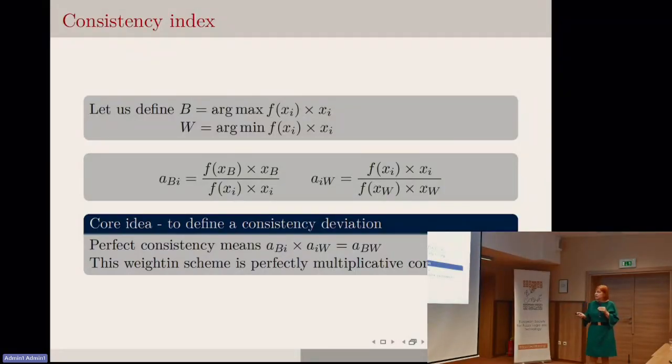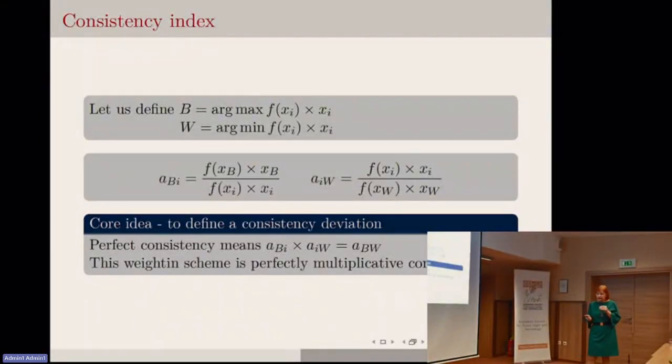Let's define capital B as the argument maximum of this expression, and W as the argument minimum from this one. And then this expression represents the best to others and others to the worst values.